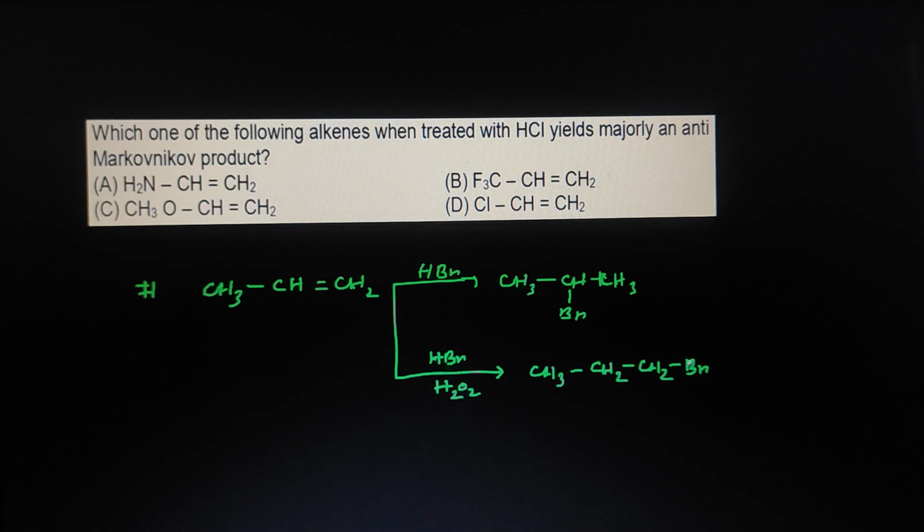Okay, this is the simple Markovnikov product, and this is the simple anti-Markovnikov product. So HBr has a peroxide effect, but when treated with HCl, it has no peroxide effect. Among the given compounds, the one which shows the anti-Markovnikov effect is option B.